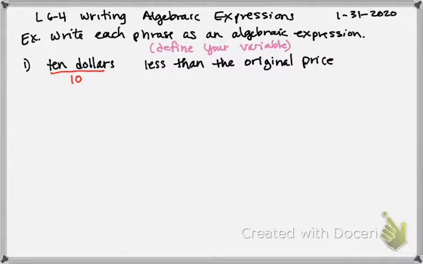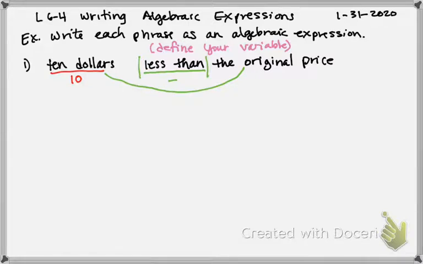Then I'm going to look for a word or phrase that tells me to add, subtract, multiply, or divide. I heard less than. Less than's that funny guy, remember? He's telling me to subtract, but what's on either side of that less than is going to get switched around.